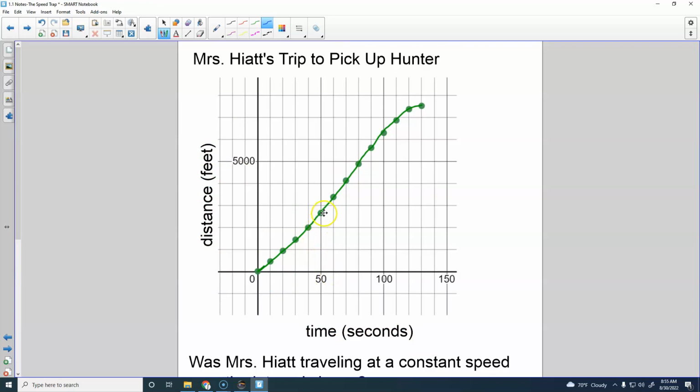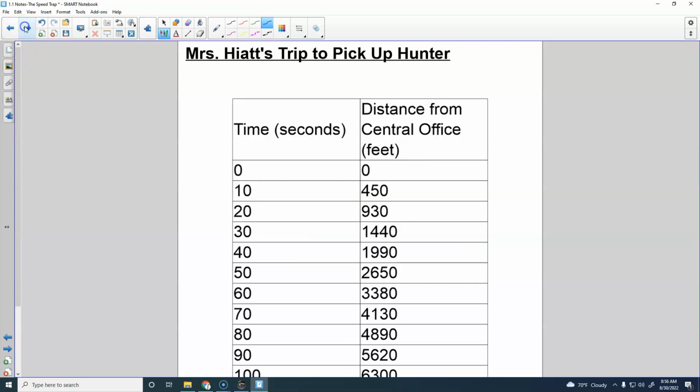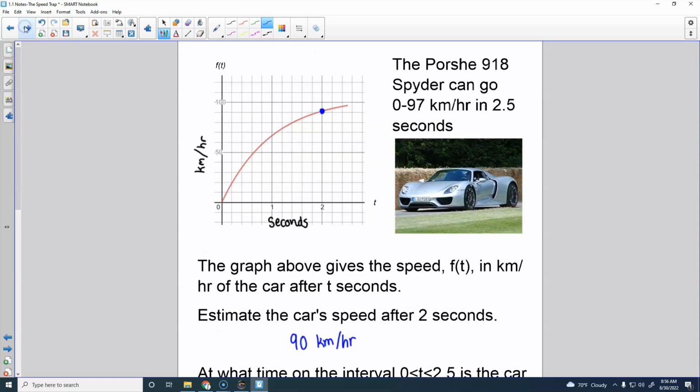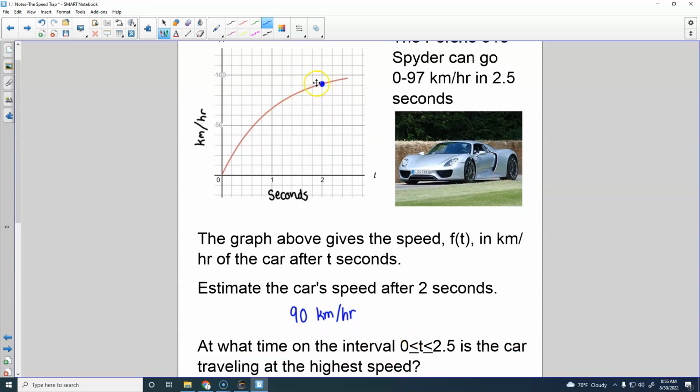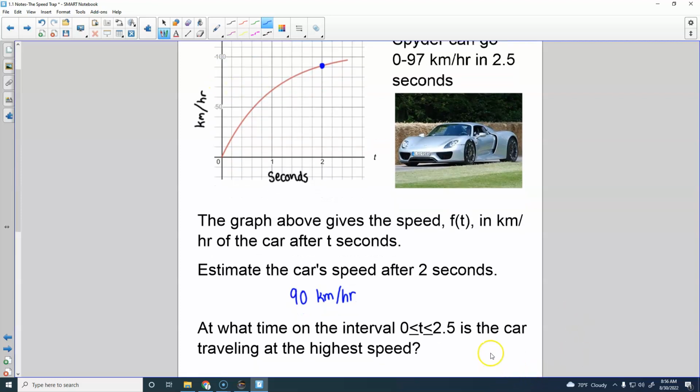If I just go right here and look, the only thing this distance tells me is that I've been about 2,700 feet. It tells you how far you've gone. So it's really important what you have on those axes. Here, this gives us the speed, 90 kilometers per hour. We don't have to do anything except read over here that it's around 90. Maybe a little more, but about 90.